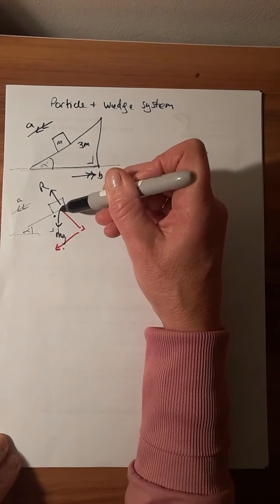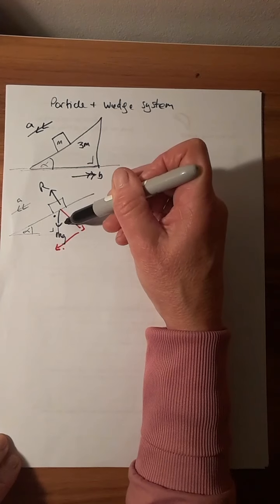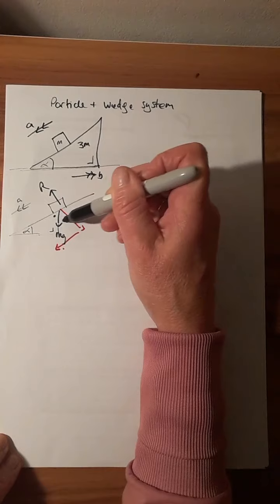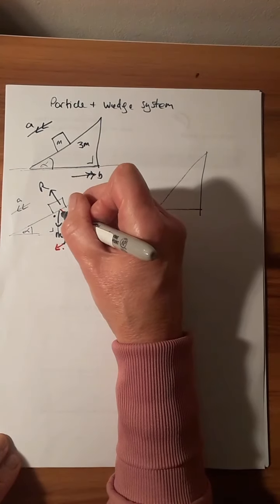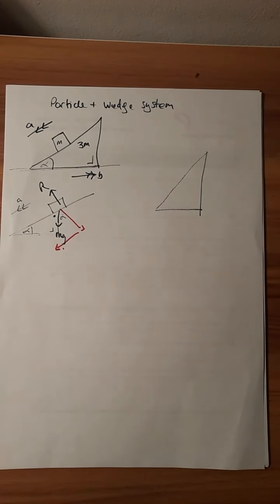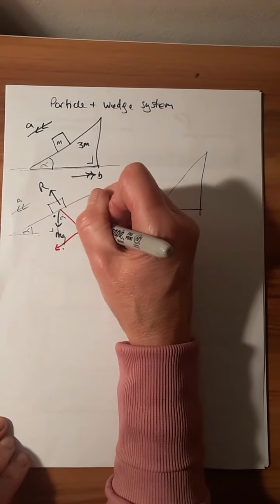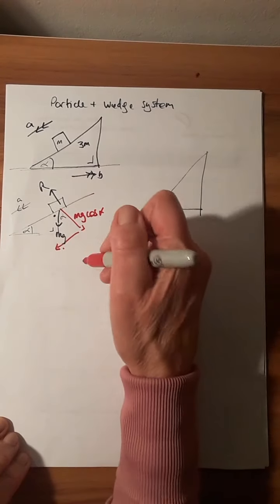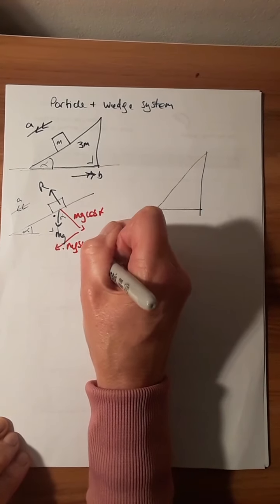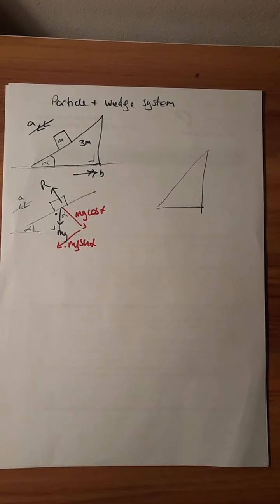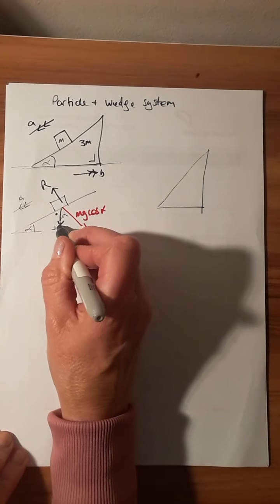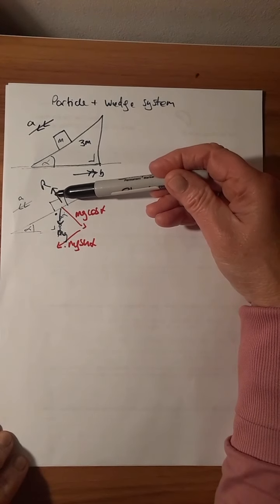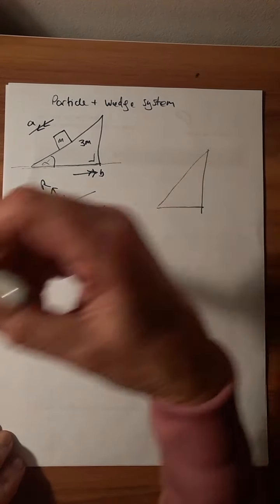This red line makes an angle 90 degrees with the plane, or it's perpendicular to the plane, so this is at 90 degrees to that plane, so this has to be angle alpha. Which means that my weight force here becomes mg, this component is mg cos alpha, because it's adjacent, and this one is mg sin alpha. I'm going to cross that mg out then, he's finished, not interested in him. So I've got three forces that I am interested in, this black r and these two red ones.